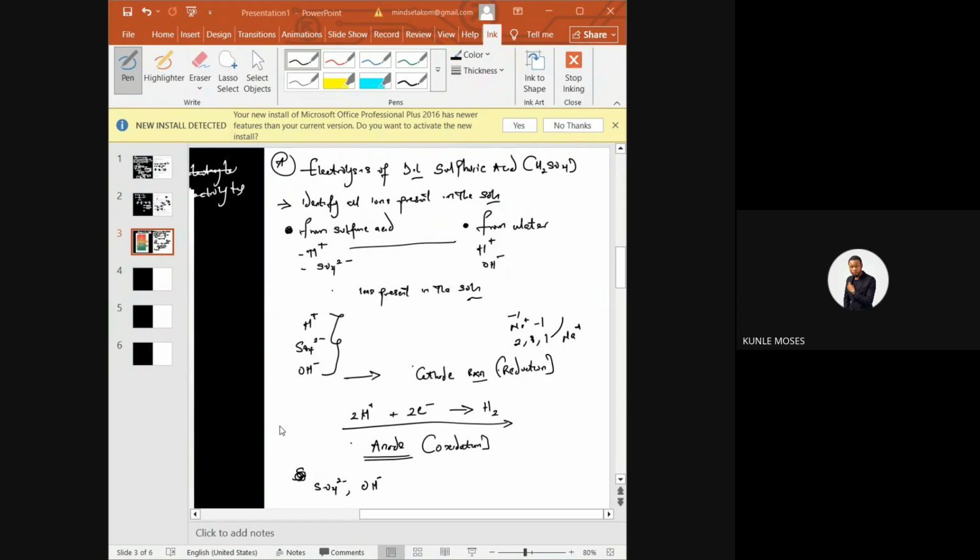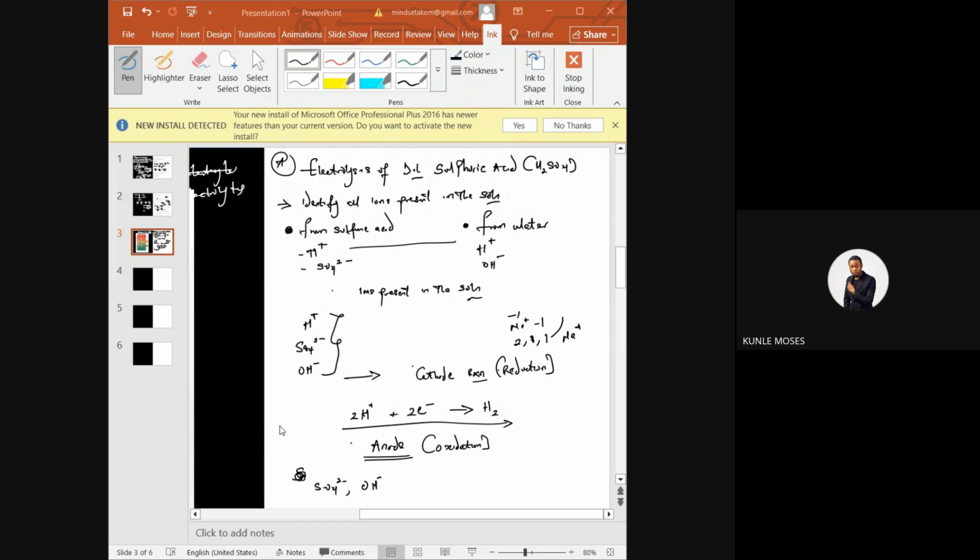It simply means SO4 2 minus cannot be discharged at the anode, especially where we have another anion, which is OH minus. Let's say, for example, the only anion we have is SO4 2 minus. We can proceed to put it at the anode and say, okay, this is the only one that can discharge.